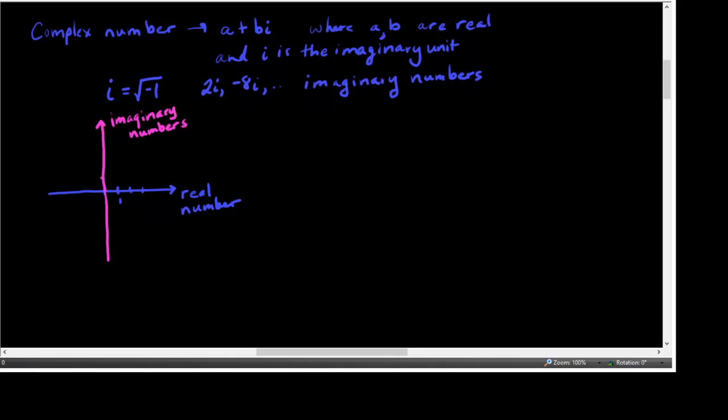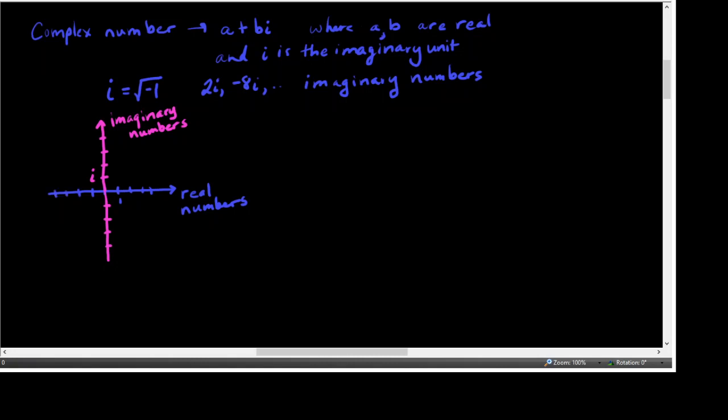And so the first mark on that axis would be i. The next one would be 2i, 3i, 4i, down below, opposite of i, -2i, -3i, -4i. And then, of course, the real numbers continue in the negative direction as well. So -1, -2, -3, -4.